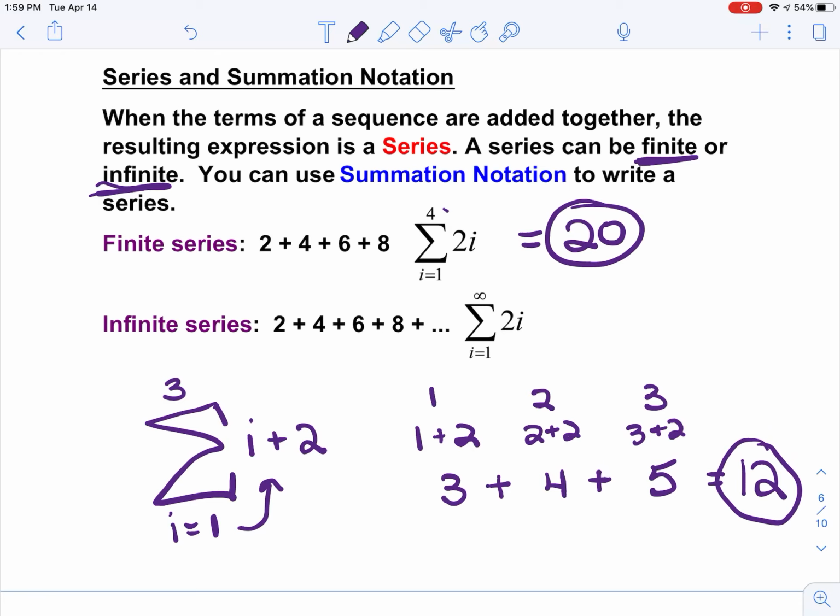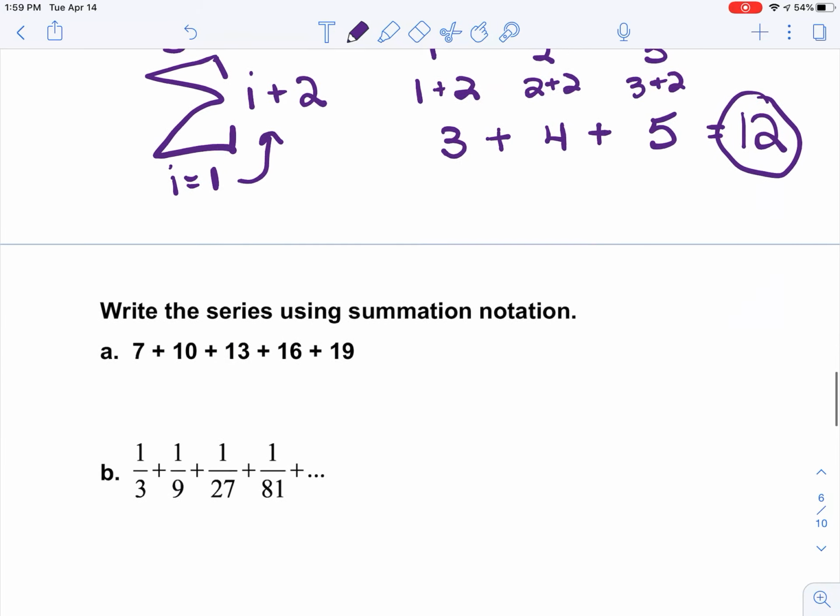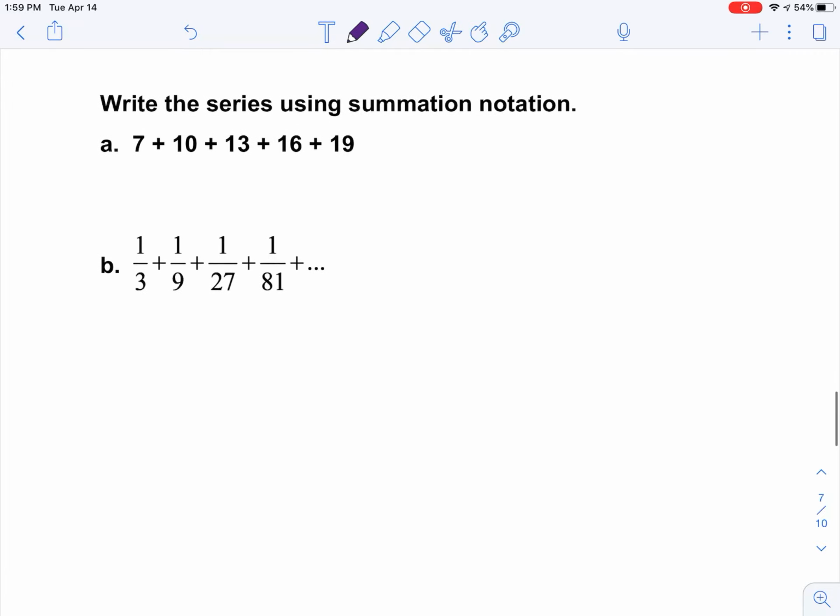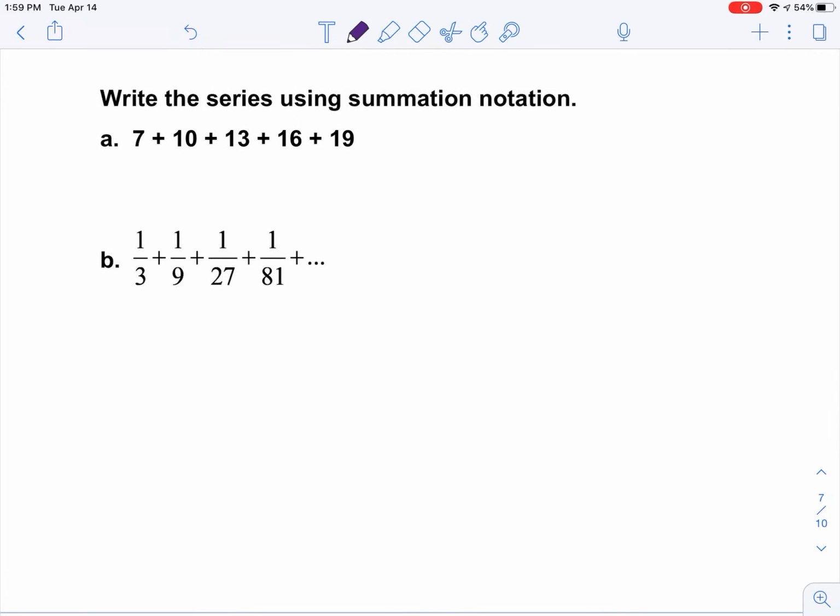This infinite series, can we add these all up infinitely? No. So towards the end of next week, we'll be looking at infinite series. So let's look and see what we're doing here. We are going to write the summation. So let's start out with our little sigma notation.